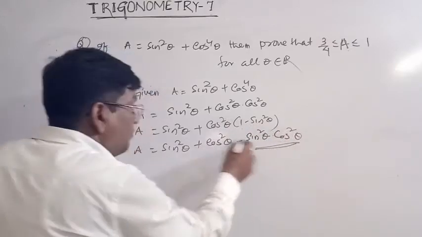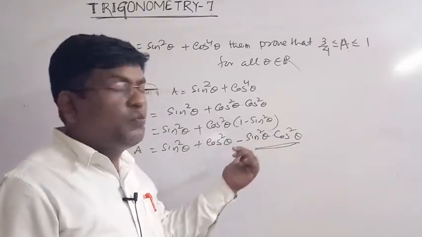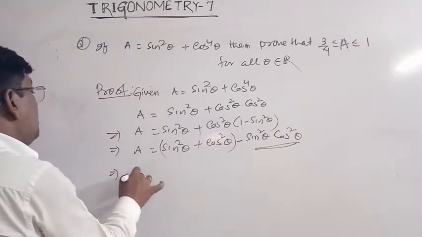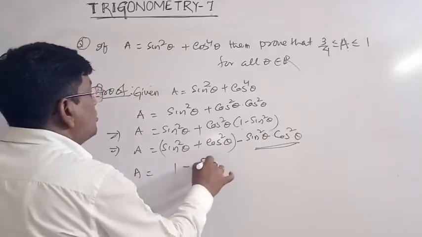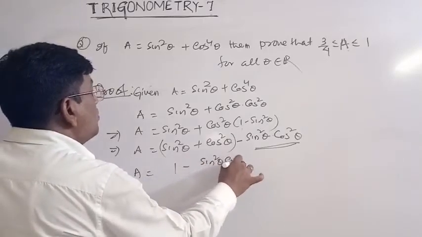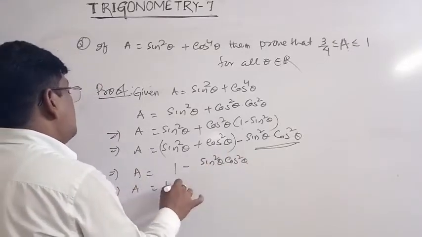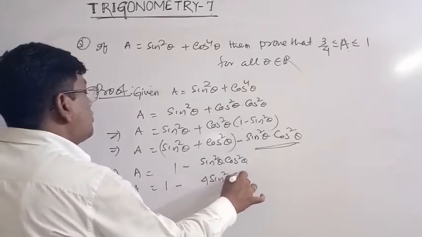Apply the previous concept. Here sin square theta and cos square theta are present, so multiply by 4 by 4, and this is 1. So A is equal to 1 minus sin square theta into cos square theta. Now A is equal to 1 minus 1 by 4 into 4 sin square theta cos square theta.